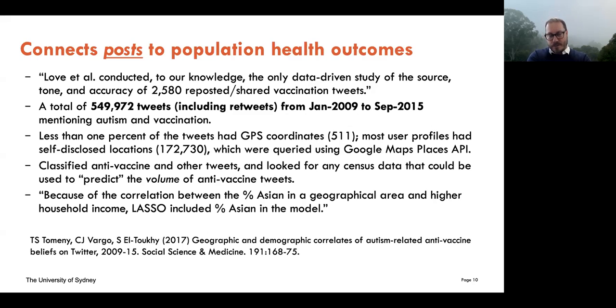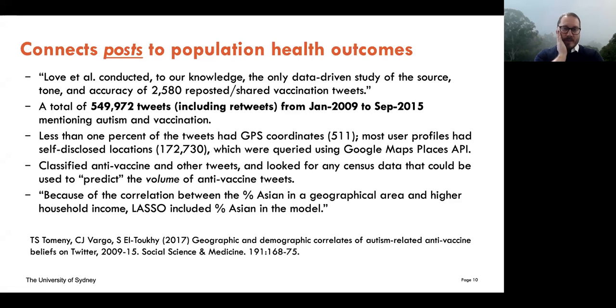So this is the first of 4, and this is a paper that was published in 2017 in a journal called Social Science and Medicine. To give you a feeling of what I think of this paper, one of the things that they describe in the background section is that they believe there was only one data-driven study of vaccination tweets, which included 2,580 vaccination tweets.